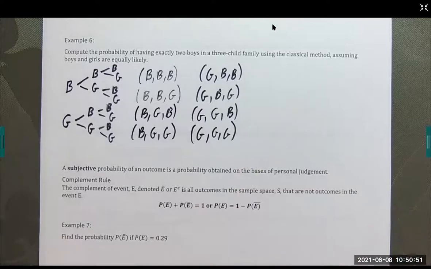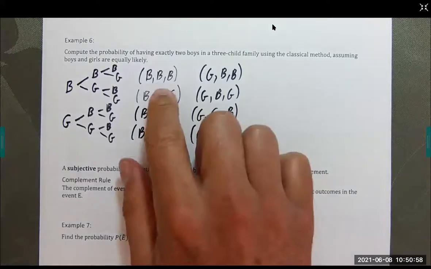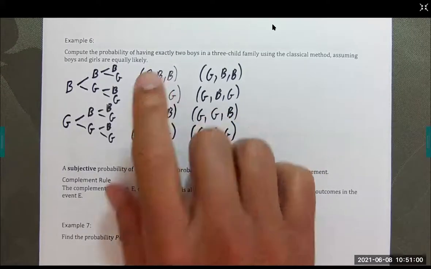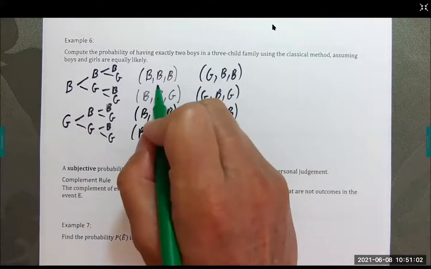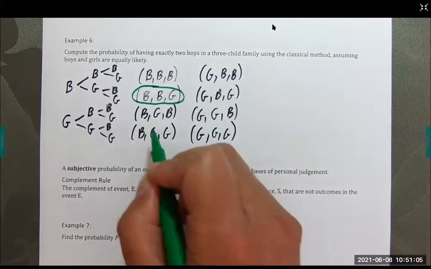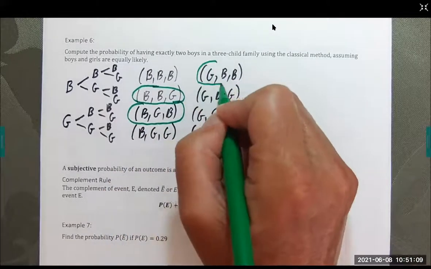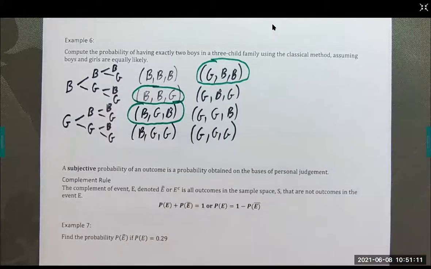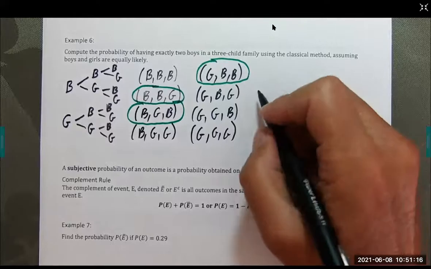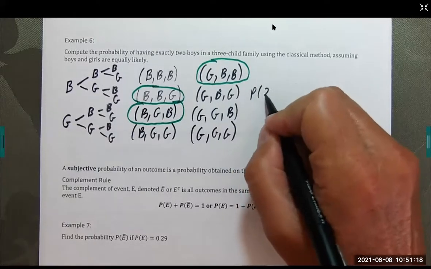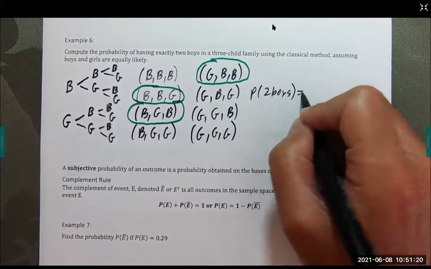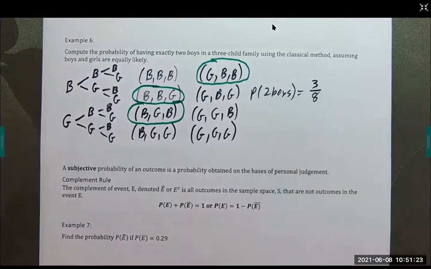All right, and what they're asking is, what's the probability of having exactly 2 boys? Well, let's see what that means. That is not exactly 2 boys, that is 3 boys. So exactly 2 boys we have here, we have here, we have here. That's it. And out of these 8, there are 3 out of the 8.